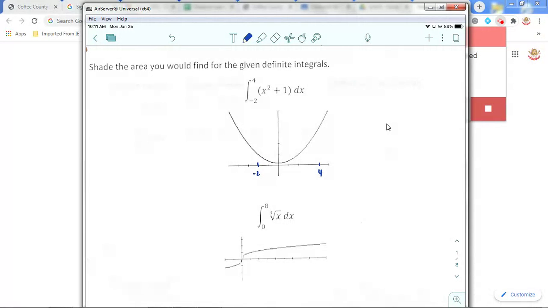I didn't label this on your paper, but the y's are actually going up by 5, so it looks more spread out than the x squared function normally does. I would draw a vertical line at x equals -2 and x equals 4, and then shade the region between the x-axis, that function, and those vertical lines.